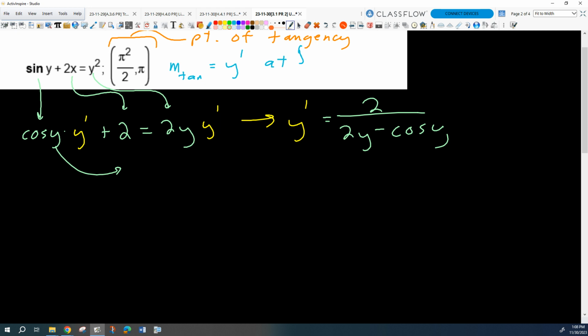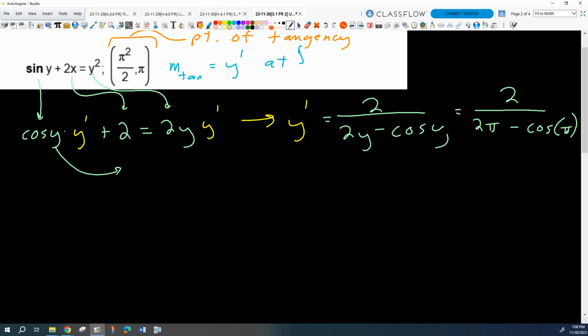Okay, so now all we have to do is plug those values in. We're going to get 2 over, oh, we don't even have any x's, do we? How about that? The x's all went away. 2 over 2y, that's 2 pi, minus cosine of pi. What's cosine of pi? -1, right?